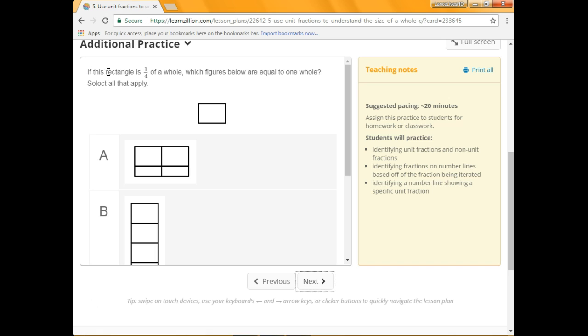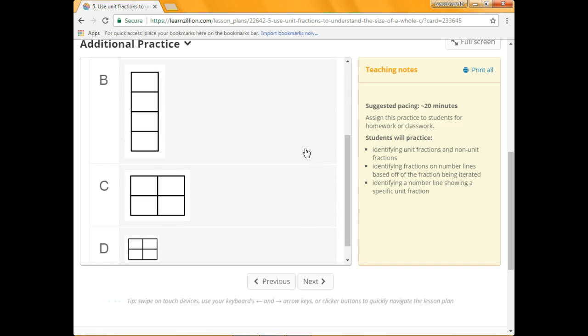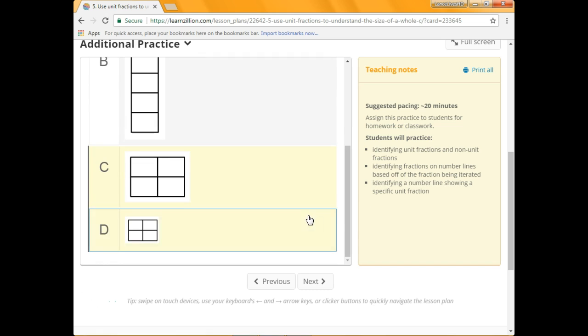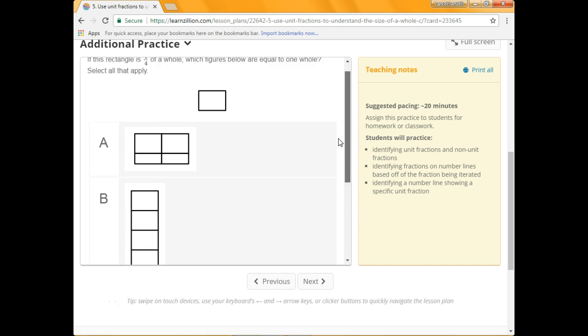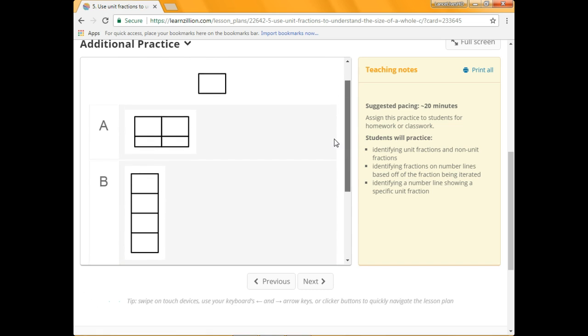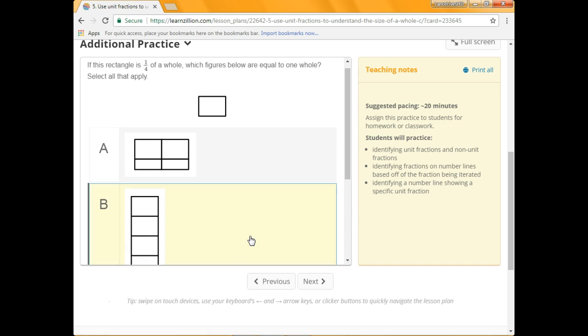If this rectangle is 1/4 of a whole, which figures below are equal to one whole? This is equal to one whole, this is equal to 1 whole. Maybe you just make that smaller.